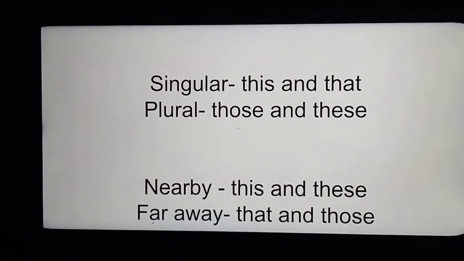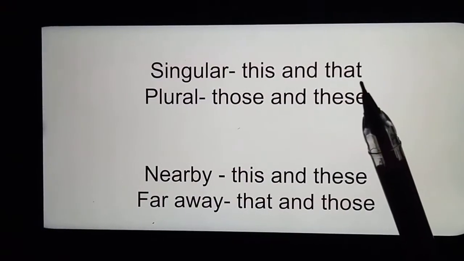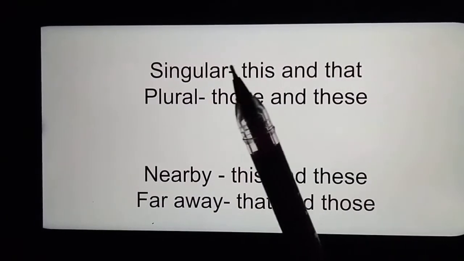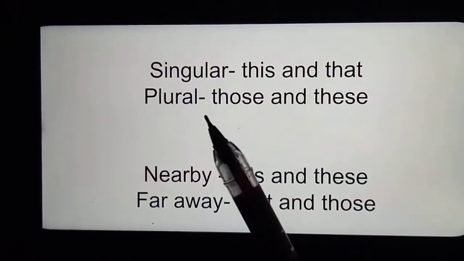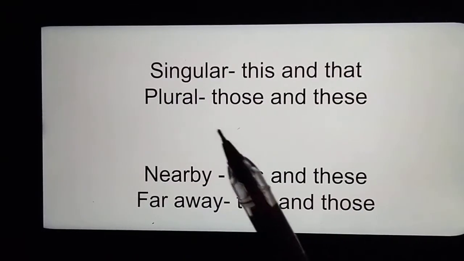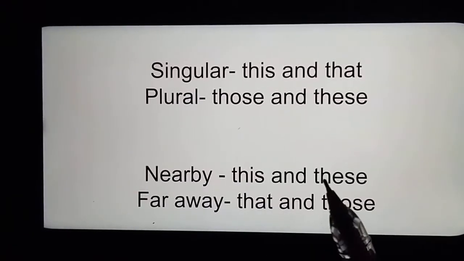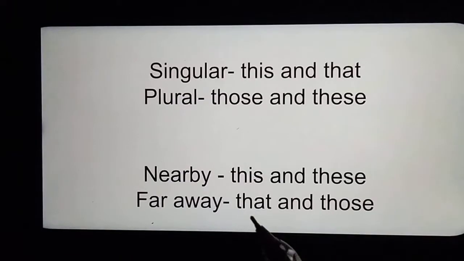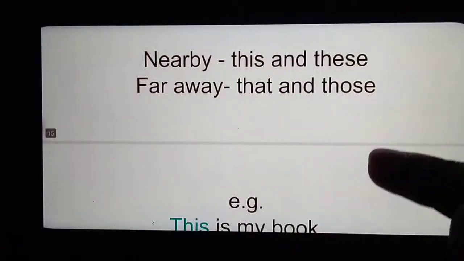Among these 4 demonstrative pronouns, this and that, these 2 pronouns are used for singular, while these and those, these 2 are used in plural case. For nearby things, we use this and these, while to indicate far away things, we use that and those.